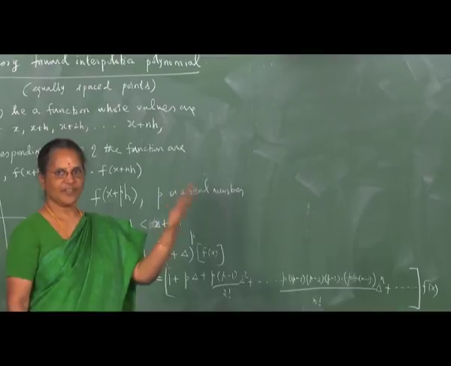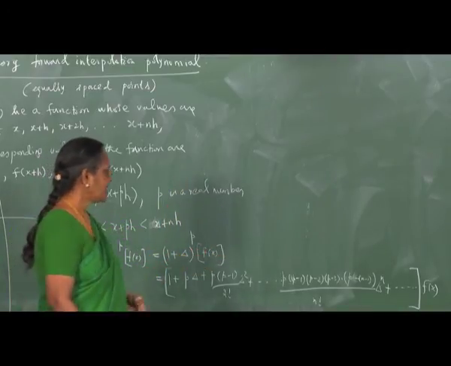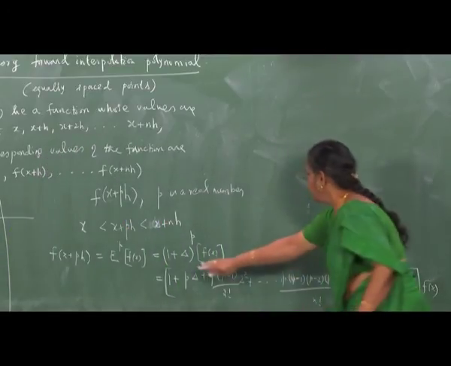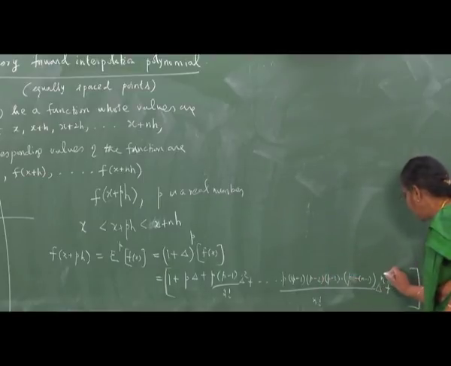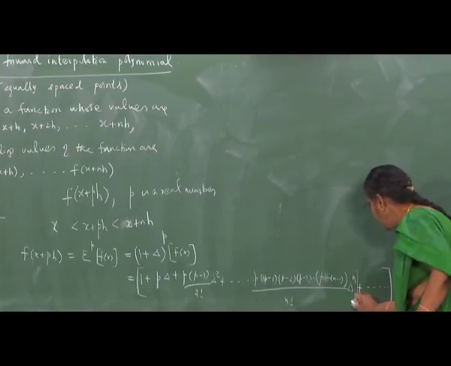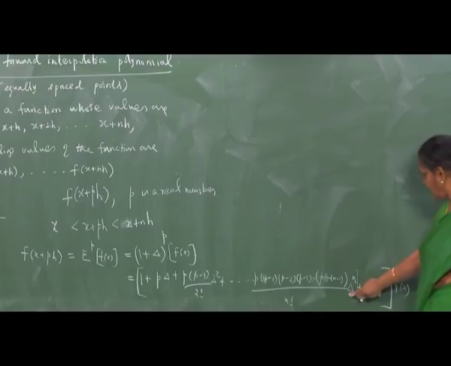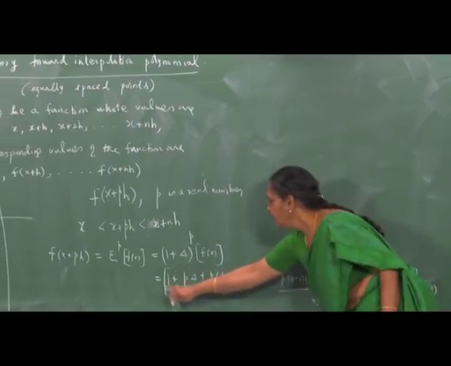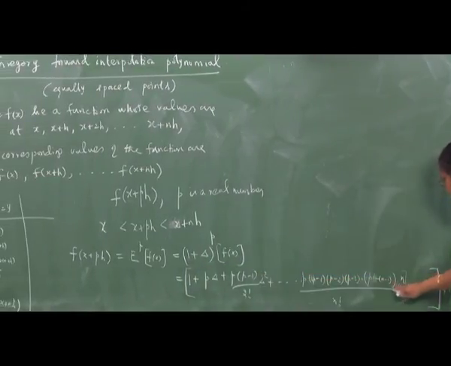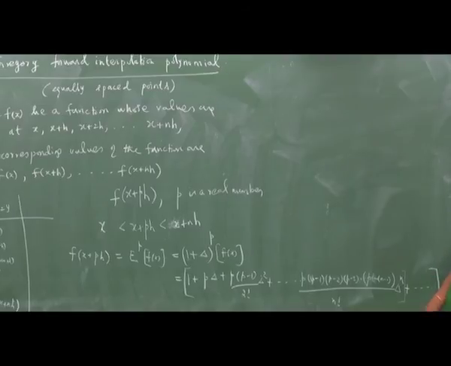We will make use of that result so that the terms here will terminate here, because the nth order difference is constant and the higher order differences will be 0. So, the terms will just be those which appear within the brackets operating on f of x.